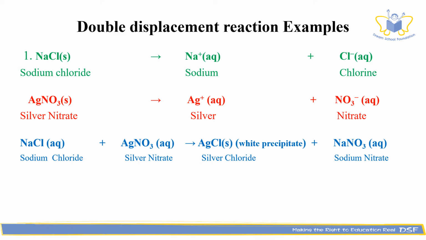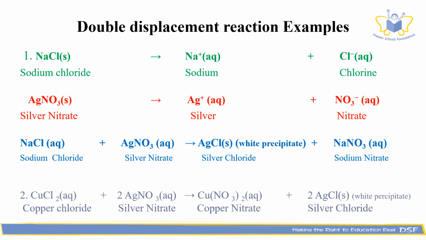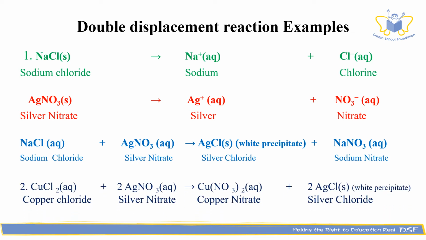Sodium chloride remains in solution, meaning that it exists as a sodium ion Na+ and chloride ion Cl-, whereas AgCl precipitates out.